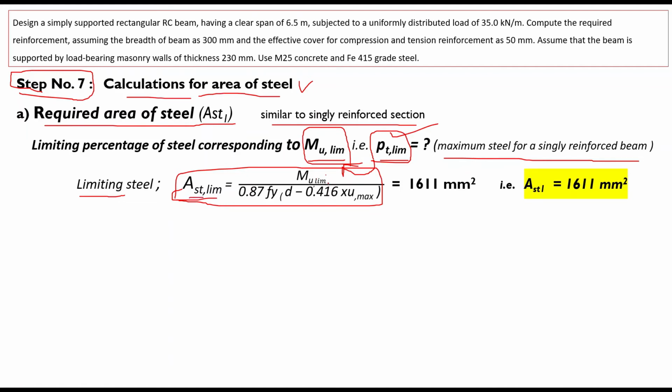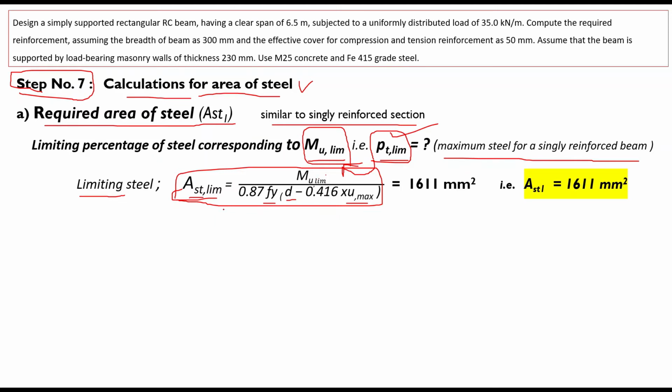But now it is MU limited, that means the maximum bending moment which a singly reinforced section is allowed to take as per IS 456. So here XU max we have already calculated, and the effective depth of the section we have decided. Fy is the yield strength of steel, that is Fe415 grade. MU limited we have already calculated.